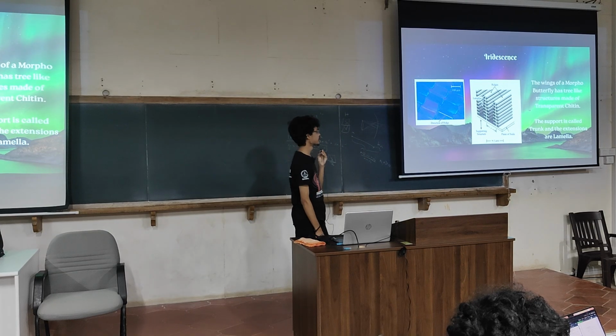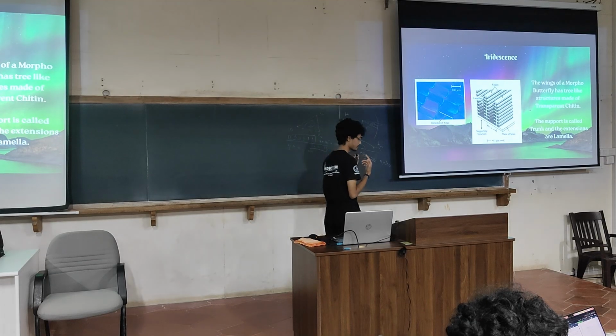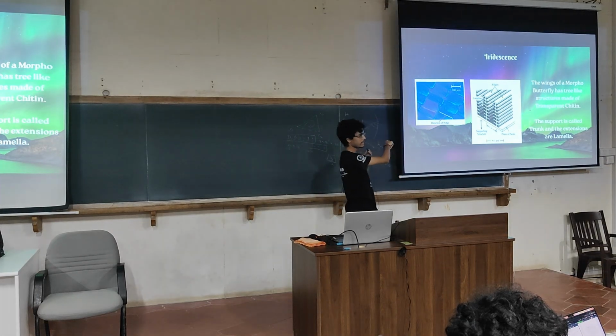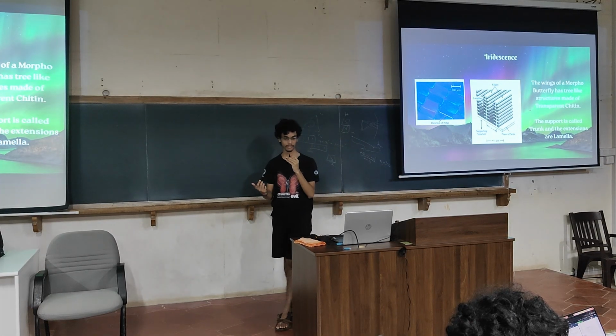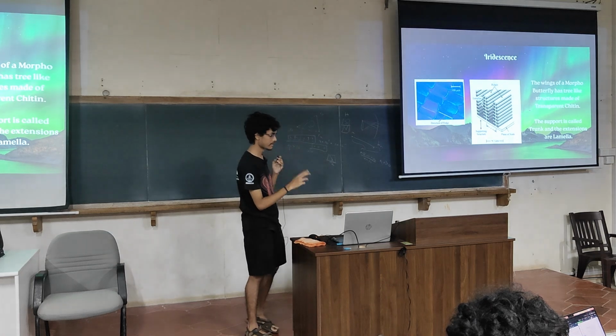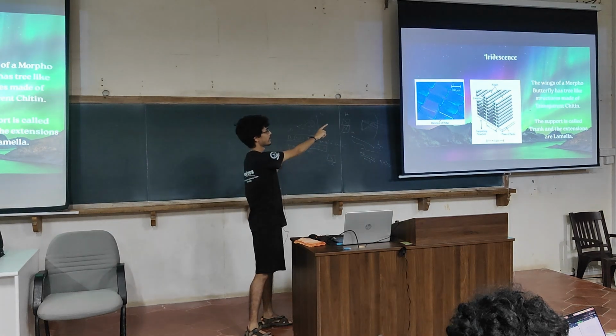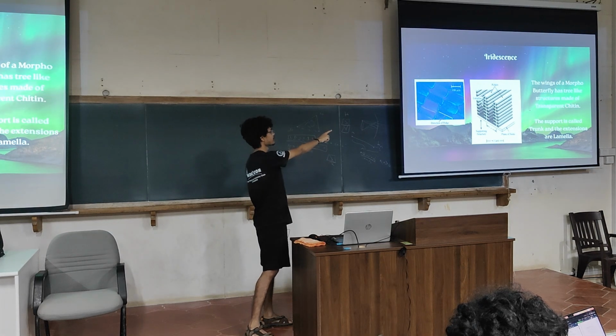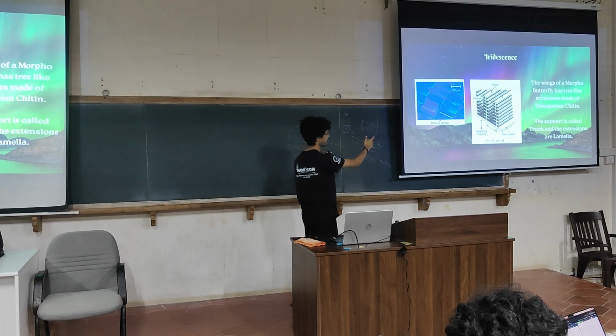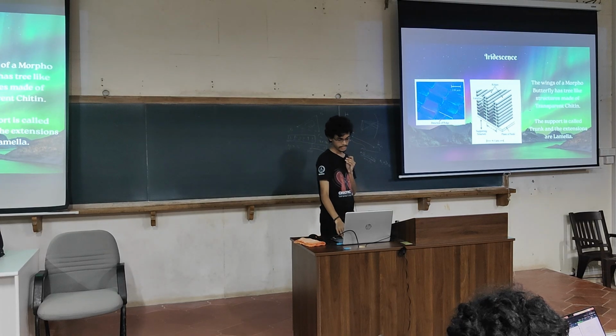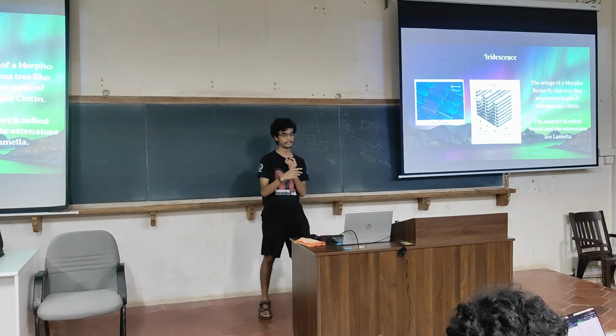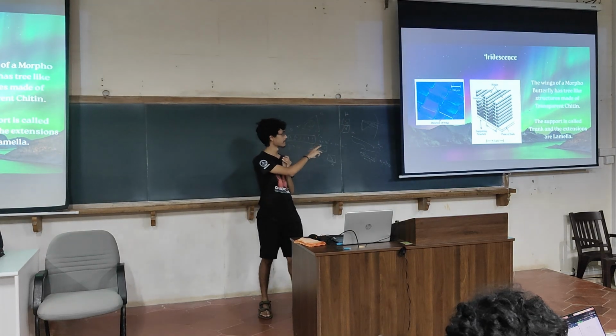So because of this, you have the multi-layer interference that Hariccharan talked about earlier, as well as diffraction and total internal reflection within the lamellae itself. The combination of these three effects together give you this bright blue color.